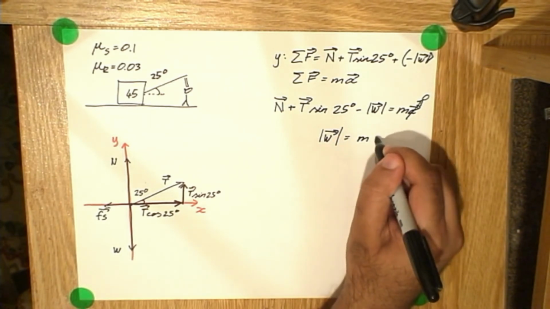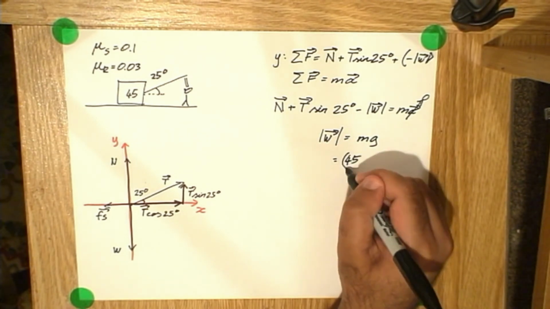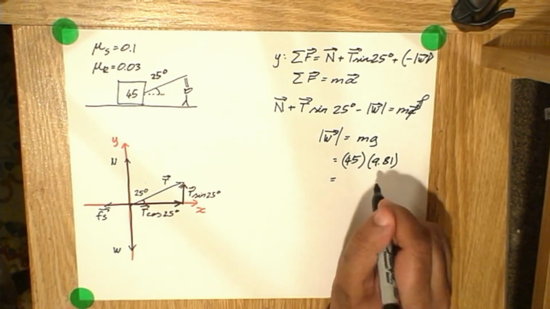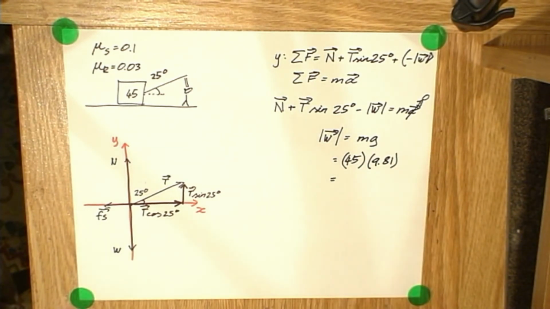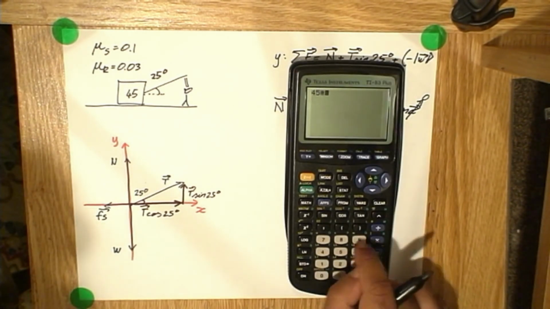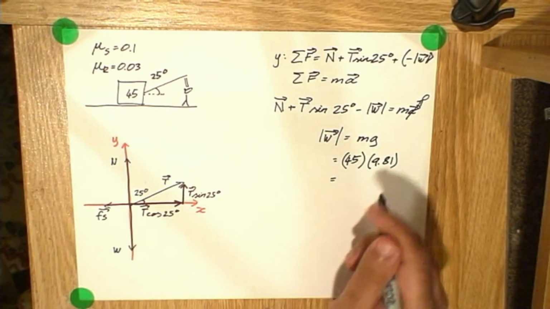What about the weight force? The weight is equal to mass times gravity. Mass, 45. Gravity, 9.81. Now, 45 times 9.81, you can use your calculator to solve for that. 441.45.